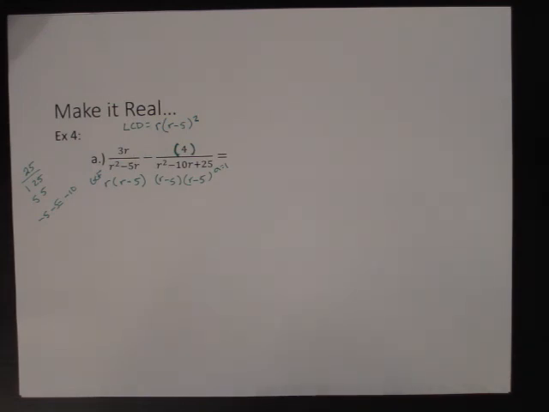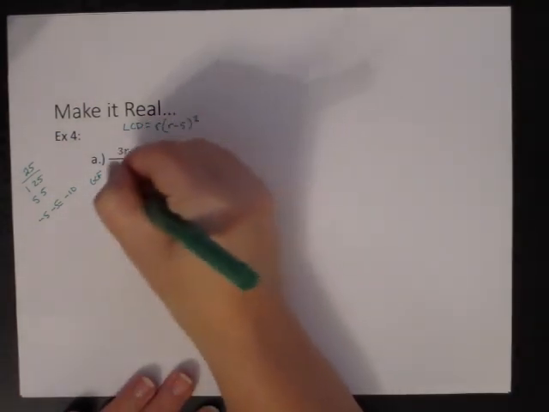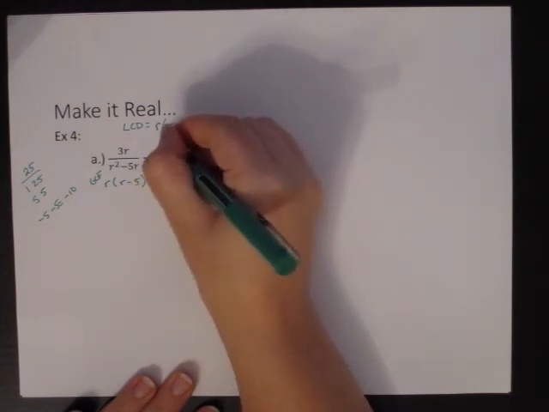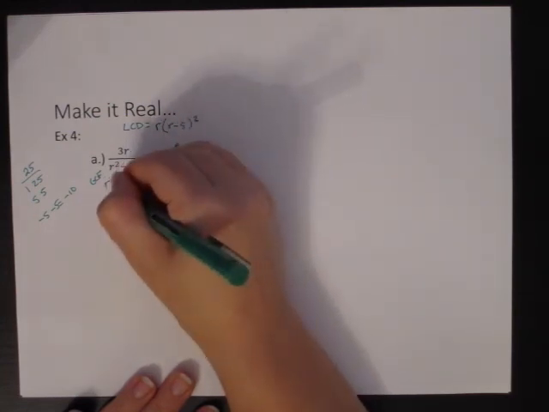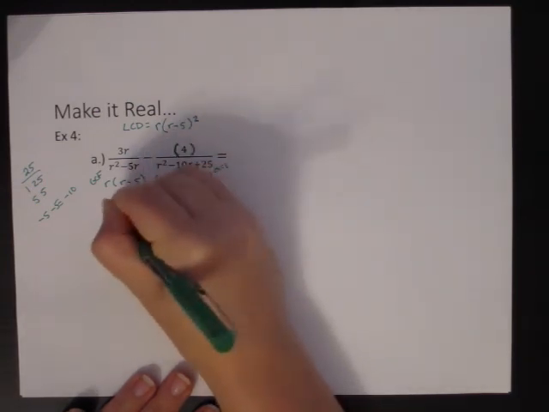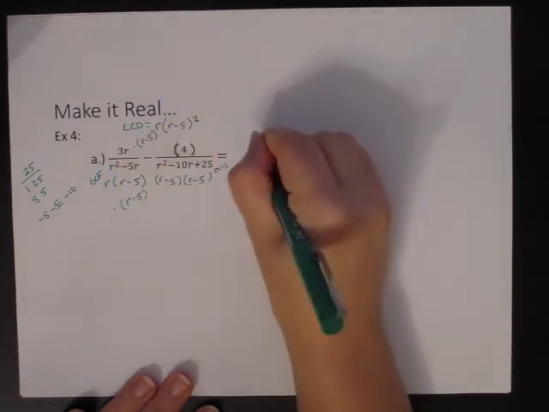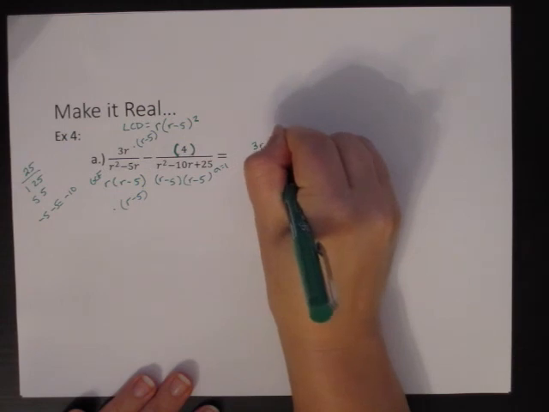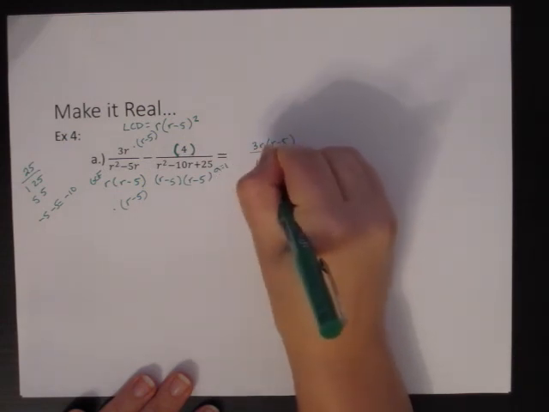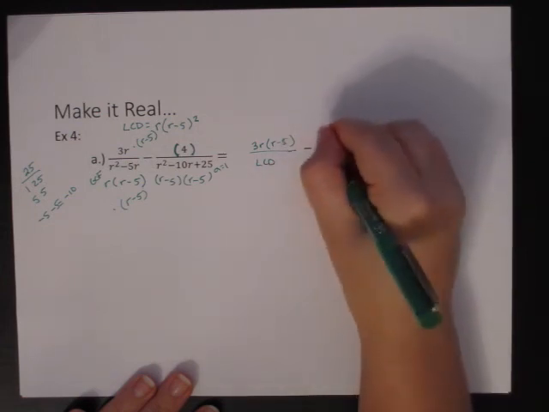Okay? So now what I need to do is compare my LCD to each denominator. So what is missing from this LCD to my first denominator? And what's missing is r minus 5. What I do to the bottom, I have to multiply to the top. So when I rewrite it, I've got 3r times r minus 5 over LCD, minus, (4) in parentheses.